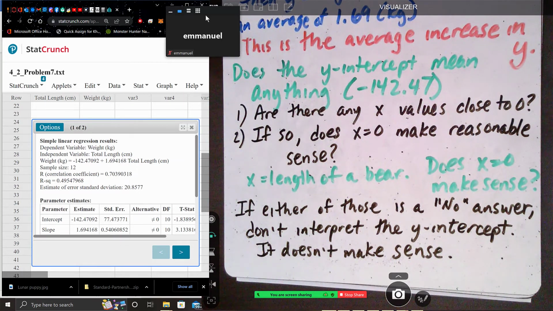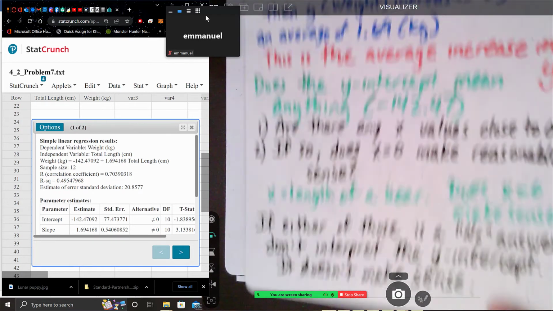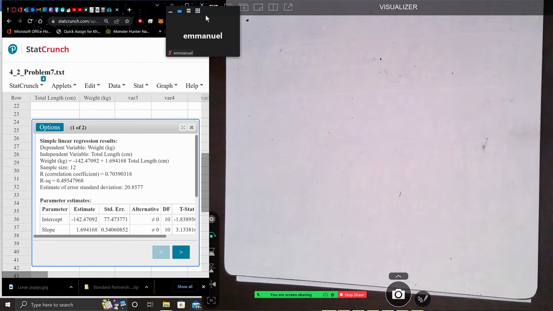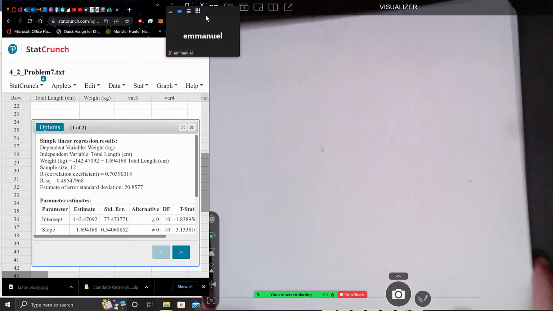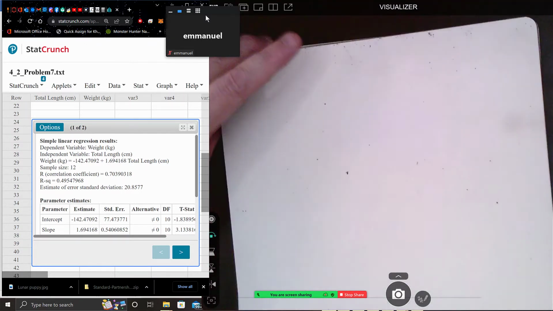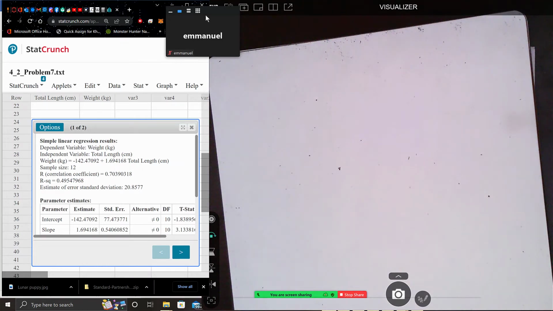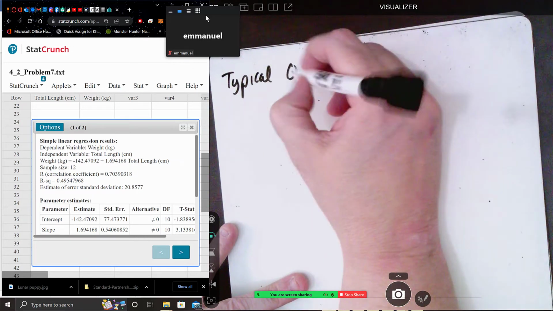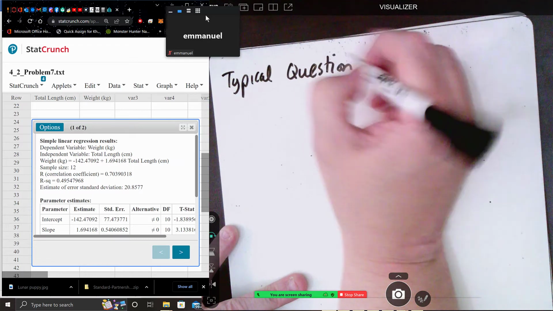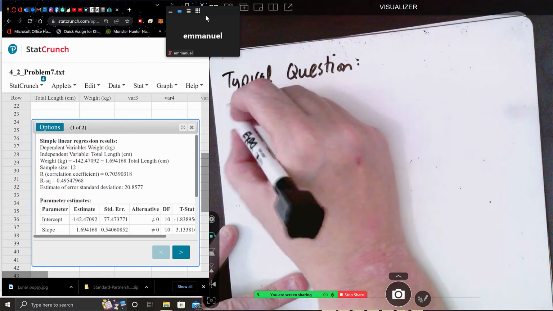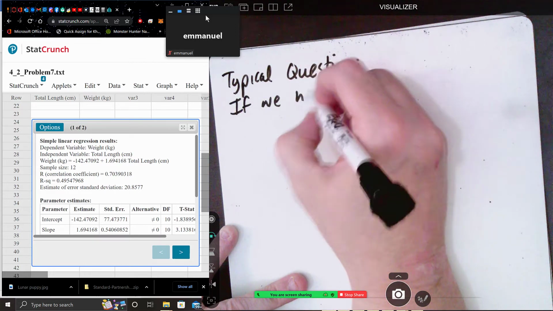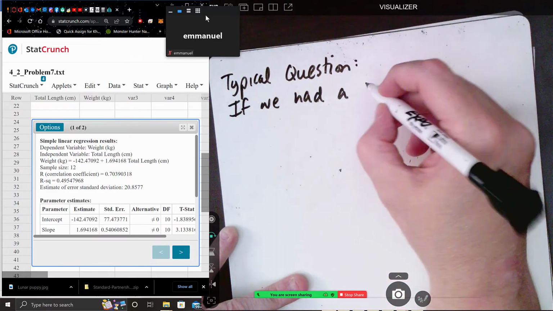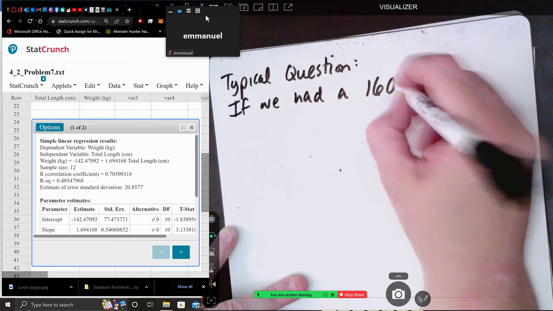Ready for some more? Problems you'll see in this section. I'm going to relate it back to the bear again. So we got the data set up on the screen still. Typical question for the homework would be: let's say that the bear is 160 centimeters.